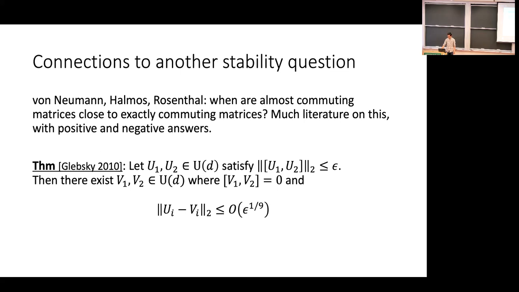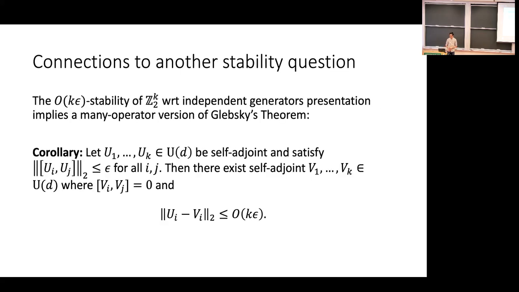Very nice. Here's an application of the stability of Z2 to the K to the many-operator version of Glebsky's theorem. Now let's think about what if you had many unitaries, U1 up to UK. Let's impose some additional assumptions: say they're self-adjoint, and assume that for all pairs Ui and Uj, the 2-norm of their commutator is at most epsilon.